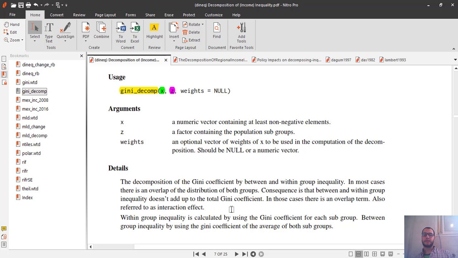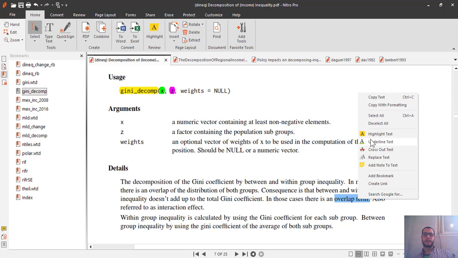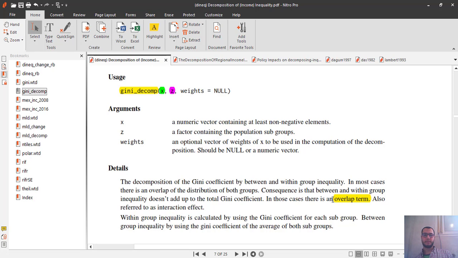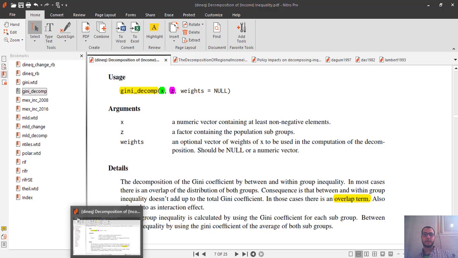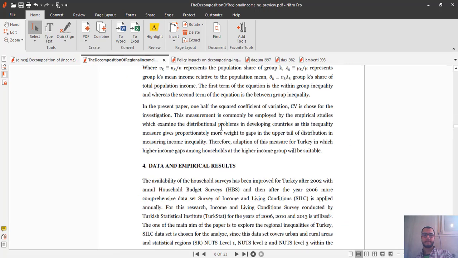Consequently, between and within group inequality doesn't add up to the total Gini coefficient, and in those cases there is an overlap term. The overlap term is the residual effect. Remember this overlap term.